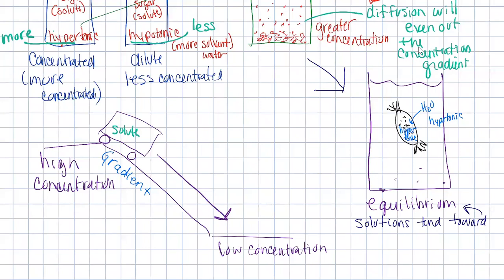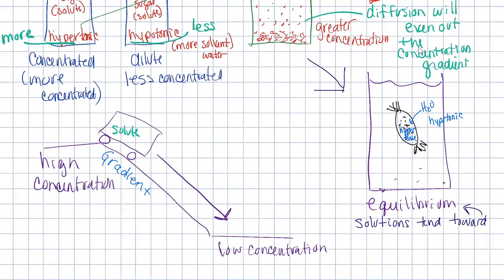Both solutions will tend towards an equilibrium, which means they have equal particles in them, equal concentrations. So to do that, some of the water has to get in and or some of the particles have to get out.